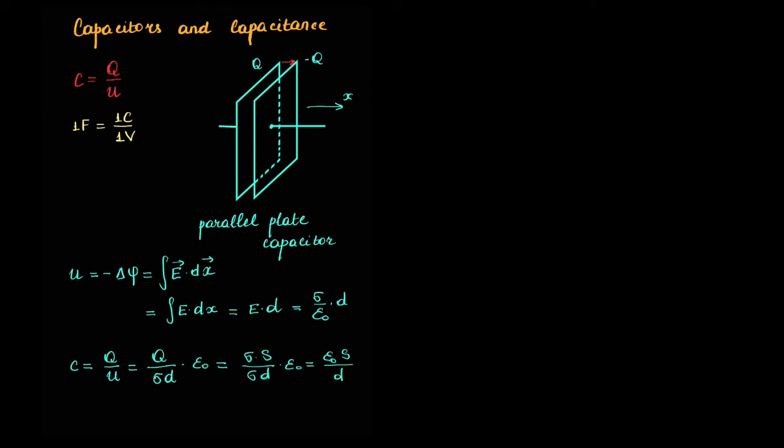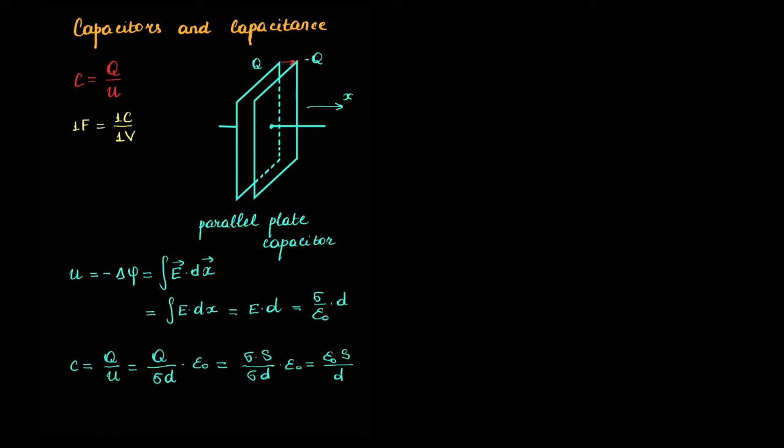You see, the capacitance of the capacitor depends on the surface area of the plates and the distance between them. It is proportional to the surface area and inversely proportional to the distance between them.